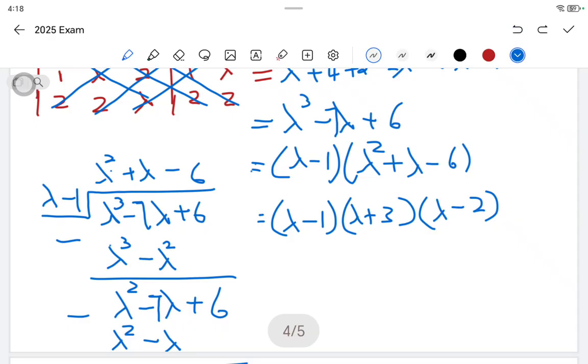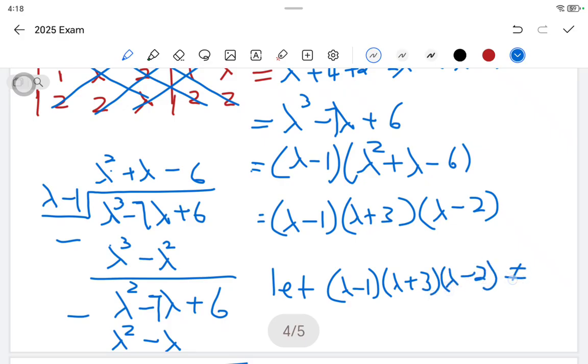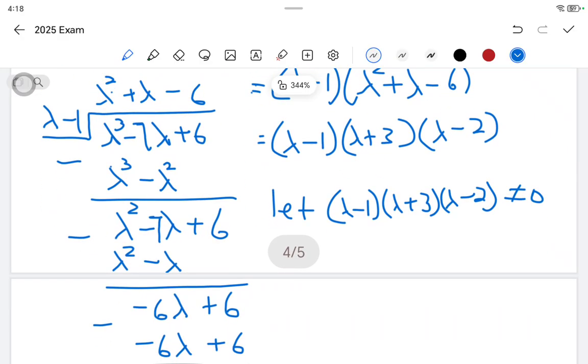So this means that we must let this determinant not be equal to 0 for us to get that answer. So lambda won't be equal to 1, lambda won't be equal to 2, lambda must not be equal to minus 3. This is the answer they're looking for, the lambdas that we must get.